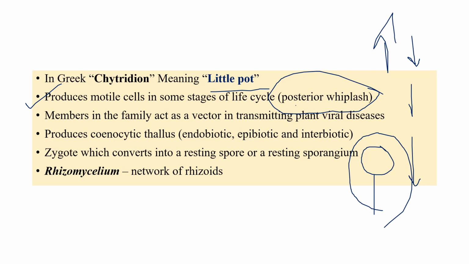Another important point is that members of Chytridiomycota act as vectors in transmitting plant viral diseases, except one or two groups, like a couple of fungi from Plasmodiophoromycota. Generally, the majority of plant viral diseases are transmitted by insect vectors, and fungi are very rare in transmitting plant viral diseases. In other groups of fungi like Ascomycota and Basidiomycota, we never see any fungi known to transmit plant viral diseases.